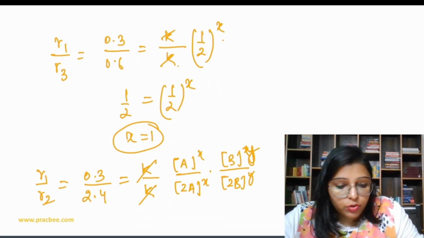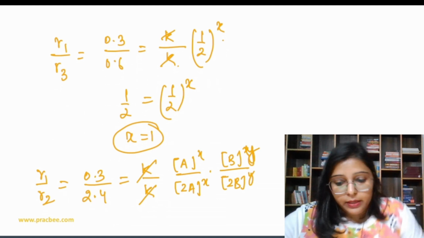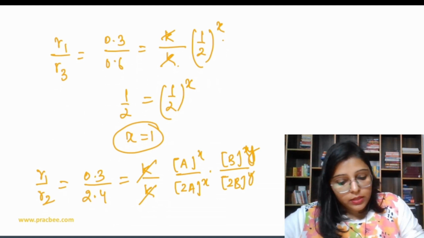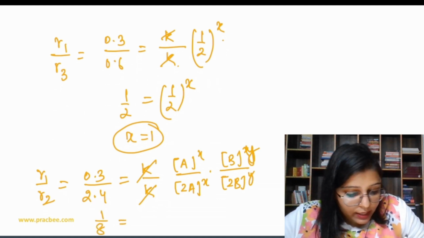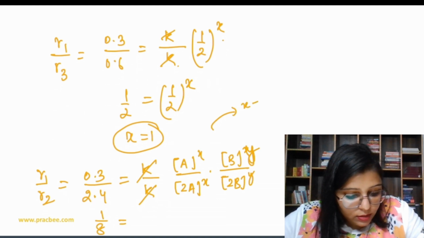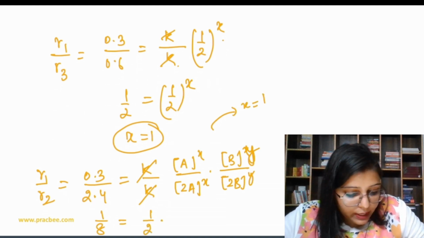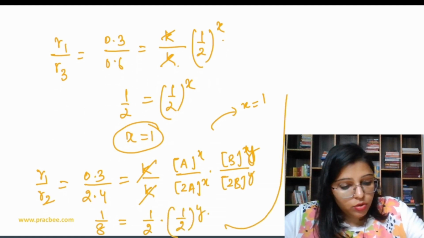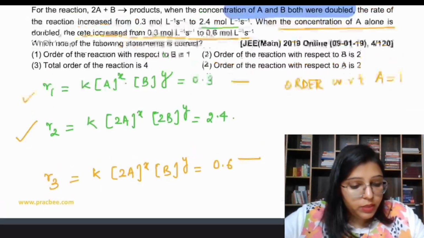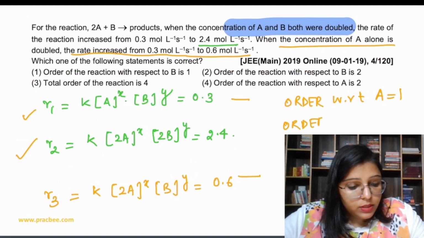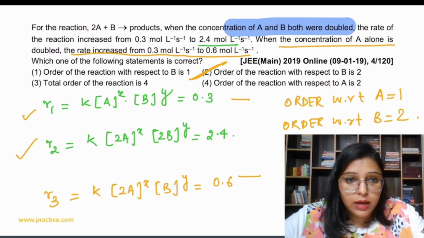So 3 by 24 we can write as 1 by 8. So x's value is 1. So we get 1 by 2 here, and here we can write (1/2) to the power y. So from here on solving we get y's value as 2. So order with respect to B is 2. So this is the correct answer.